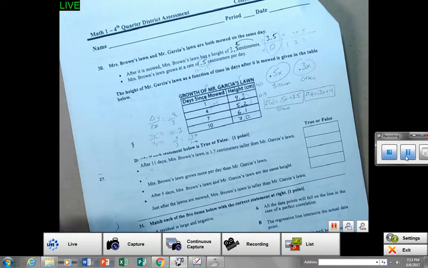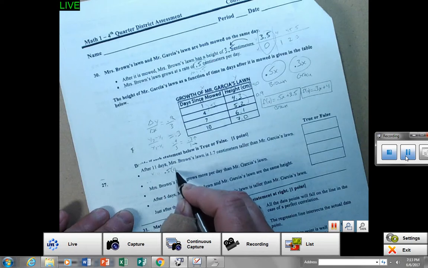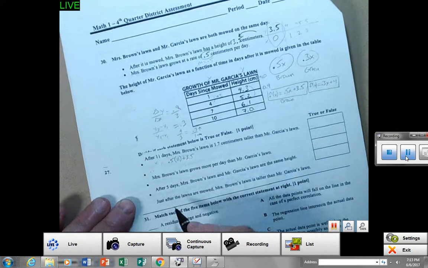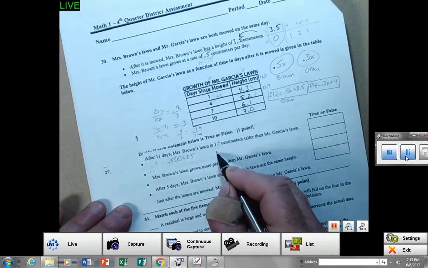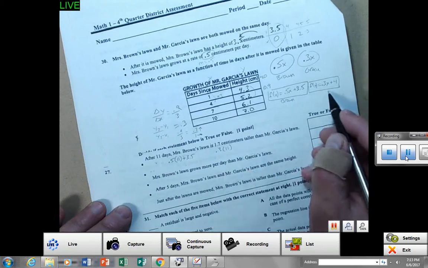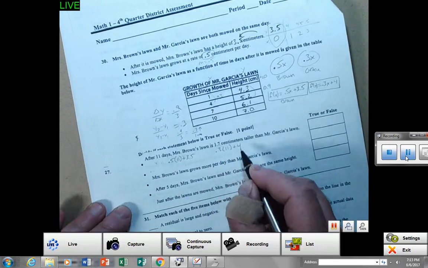So for this one, for Mr. Brown, I'm going to plug in 0.5 times 11 and add that to 3.5. For Mr. Garcia, I'm going to plug 11 into this 0.3 equation right here, this function, 0.3 times 11 plus 4. Let's see what I get.